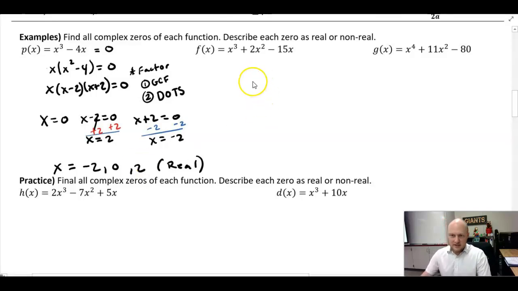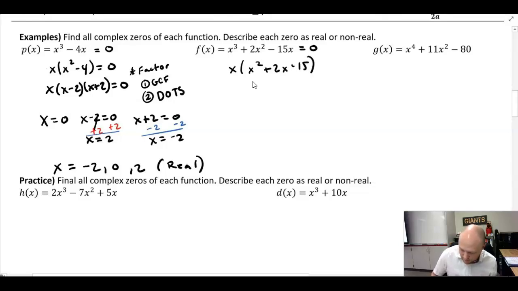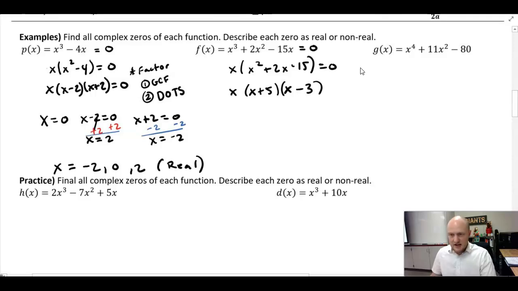We're going to dive into example number 2. Again, I want to find the zeros, so I'm going to start by factoring. I take out the GCF, and I get x times x squared plus 2x minus 15 equals 0. And I'm going to factor this trinomial. I'm looking for factors of x squared, which is very simple, x and x. Factors of negative 15 that are going to combine to give us a positive 2. So that's going to be a positive 5 and a negative 3.